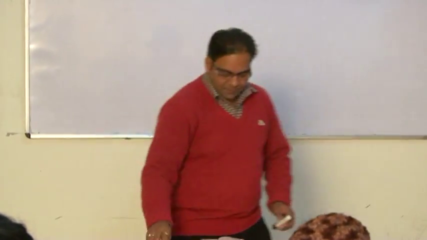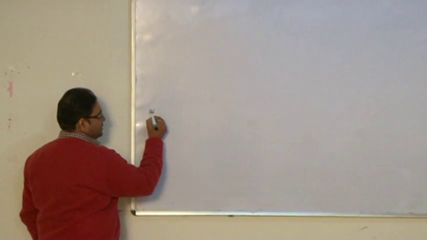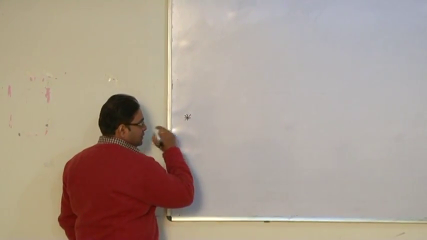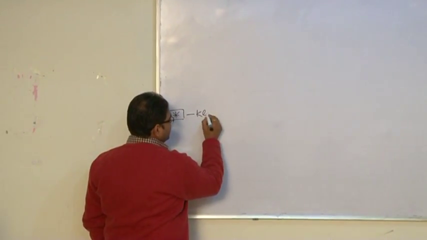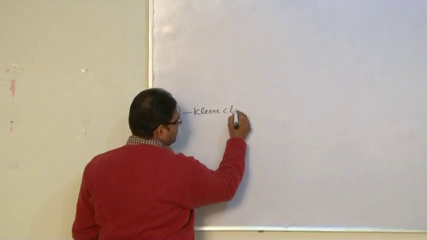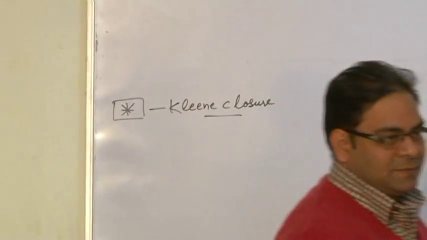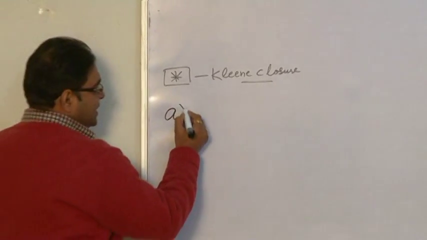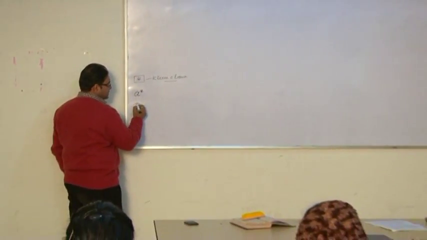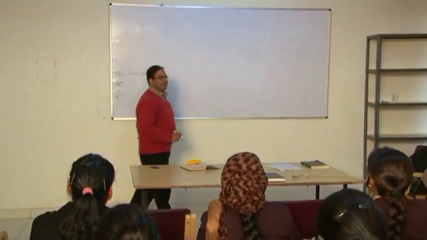There are two symbols that we use here. One we have is the asterisk. So what is asterisk? That is the Kleene closure. What does this asterisk mean? Suppose there is an input symbol A, I put an asterisk on it, and another symbol is plus, I put A plus. So what is the difference between A asterisk and A plus?